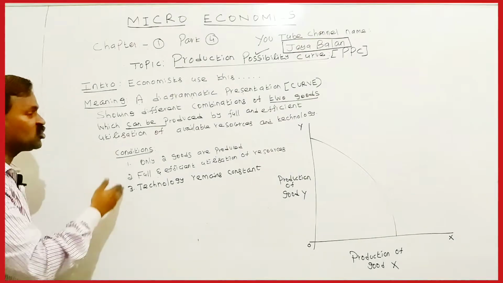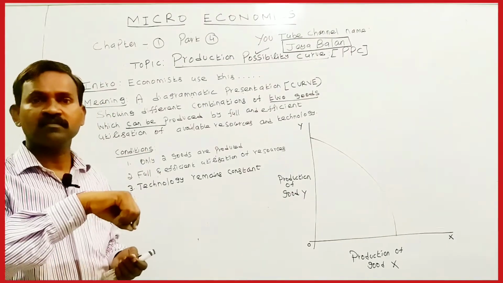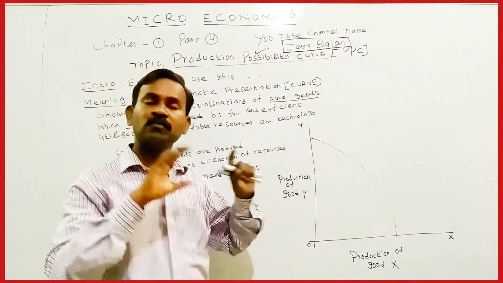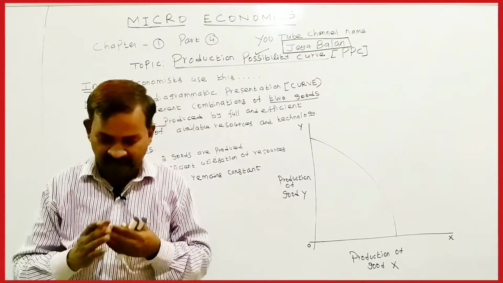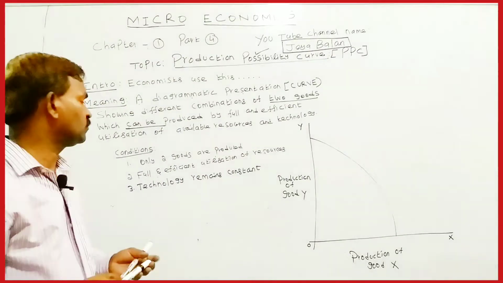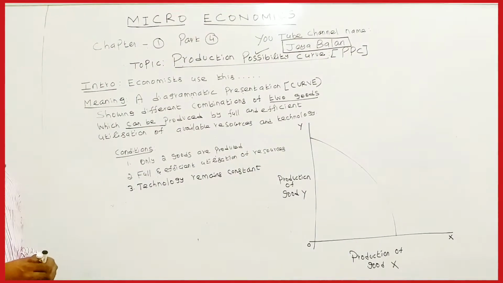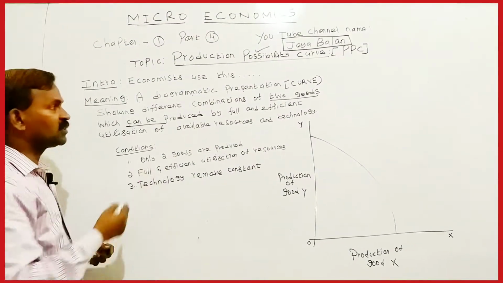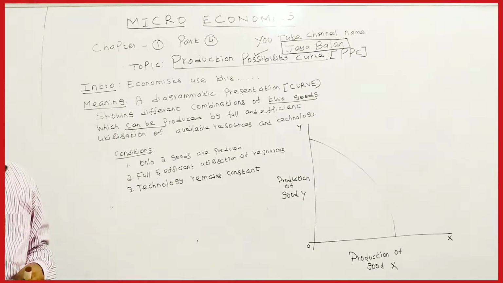So, what are the conditions under which the concept of production possibility curve can be effectively used or understood? There are only 3 conditions. All the conditions can be taken mostly from the meaning itself.